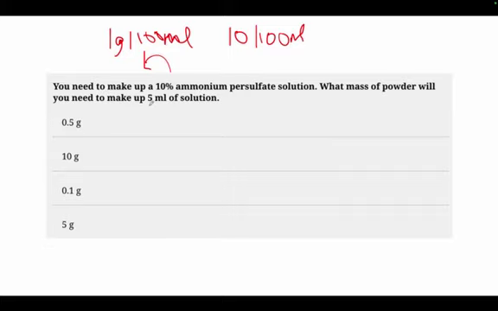And so if you need to make up 5 ml of solution, the mass that we will need is 10 times 0.05, which will be equal to 0.5 grams or 500 mg.